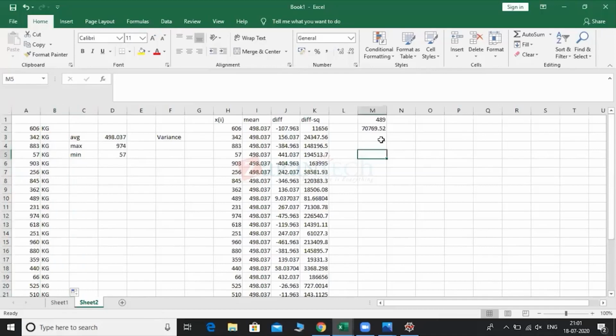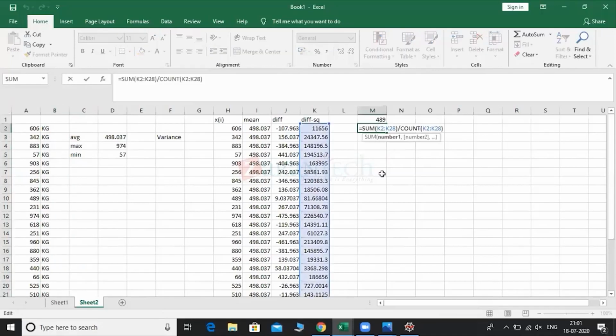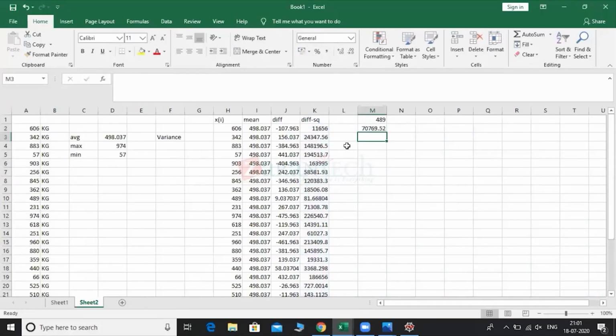But now let's have a look at this number. What we have done is we have squared all the numbers. So for the variance, the unit would be kilogram square, right? So the unit becomes kilogram square here. We cannot exactly compare, and this mean will be in kilogram again.